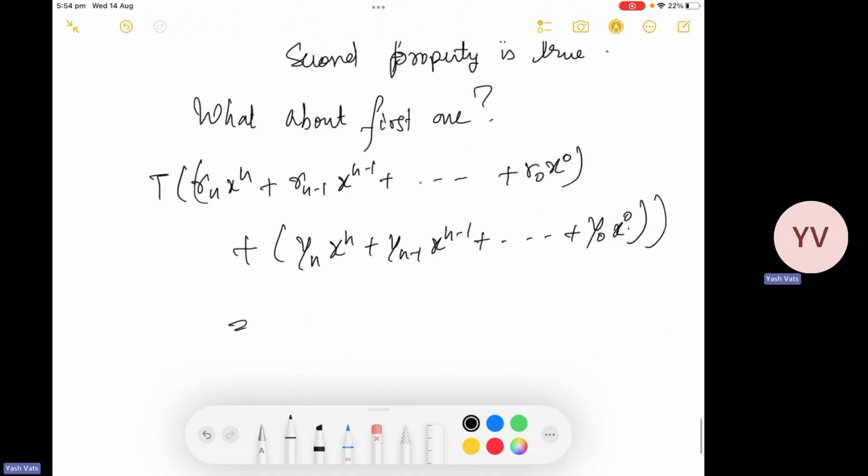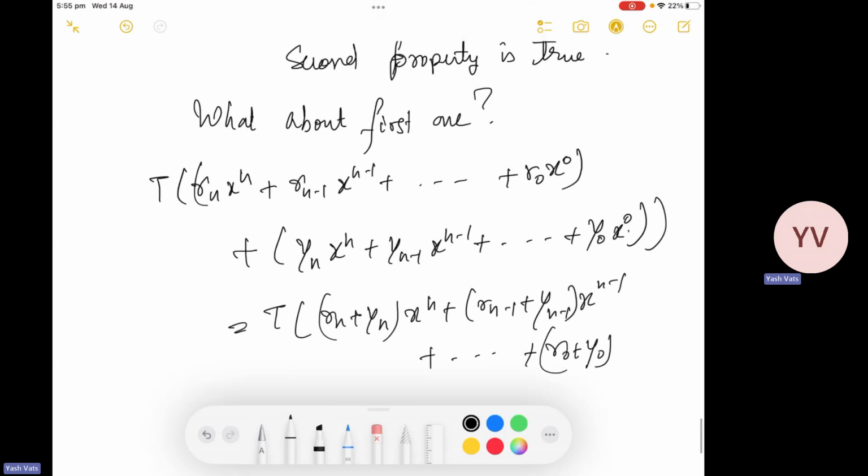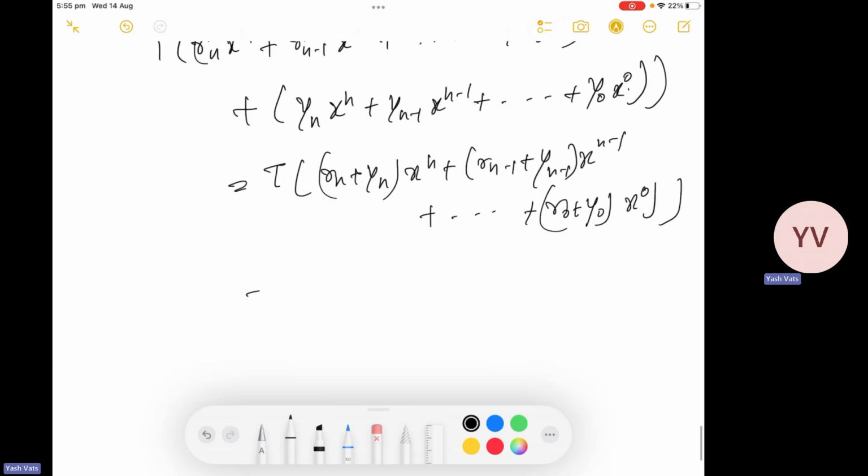Then the sum is rn plus gamma n times xn, up to r naught plus gamma naught, and then you get rn plus gamma n.